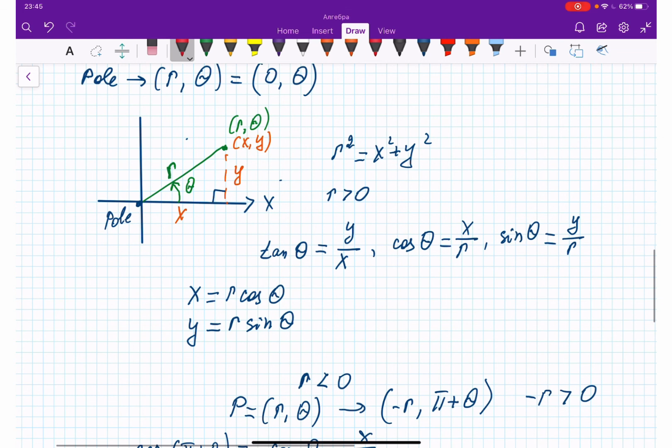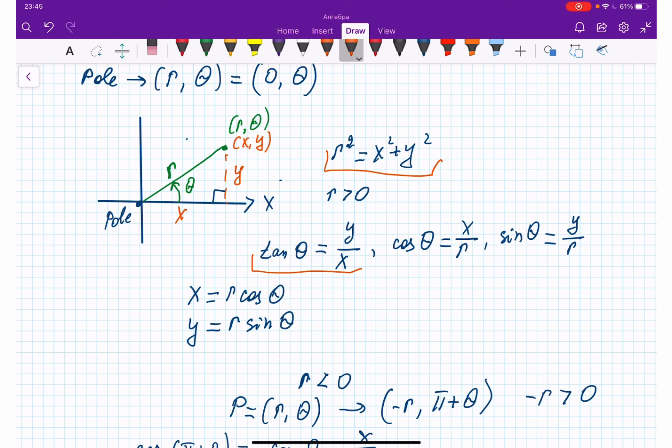Yeah, here it is. r squared is equal to x squared plus y squared. See, x and y are rectangular coordinates. r is a polar coordinate. And tangent theta equals y over x. It's going to be the conversion for the angle.